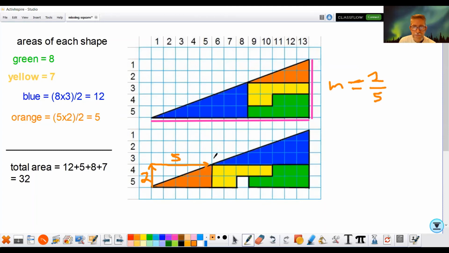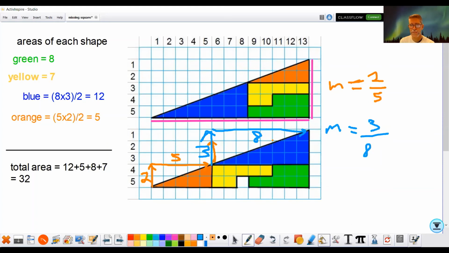Does it keep going up 2 over 5? Up 2, 1, 2, 3, 4. Uh-oh. That's a little short, isn't it? This blue piece doesn't have a slope of up 2 over 5. It goes up 3 and then over 8. Its slope, its m, is 3 over 8.